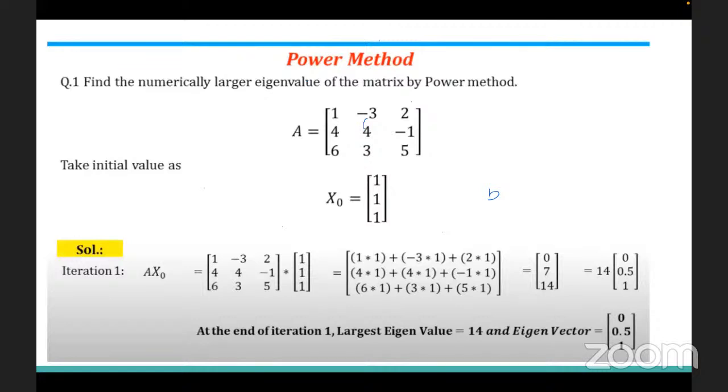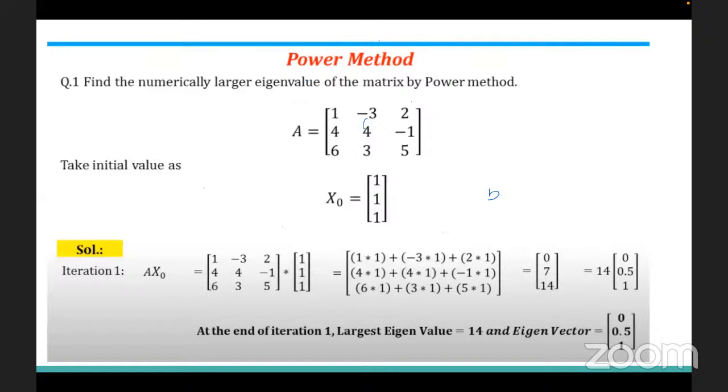Obviously, we say the largest eigenvalue is 14. Sir, you have 0, 7, 14 equals 14. Yes, we are dividing by the maximum norm. That's where you got 0, 0.5 and 1. Now, there's no division showing there.